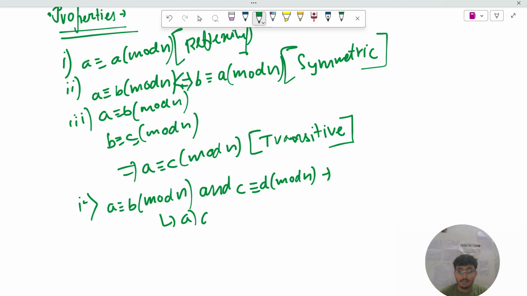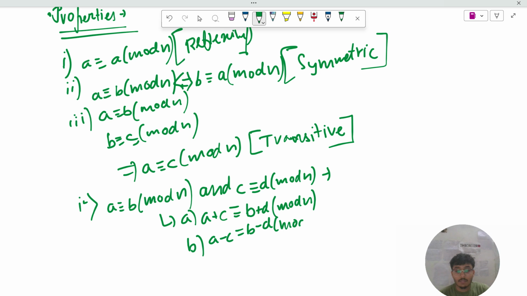Number one: A plus C is congruent to B plus D mod n. A minus C is congruent to B minus D mod n. AC is congruent to BD mod n.